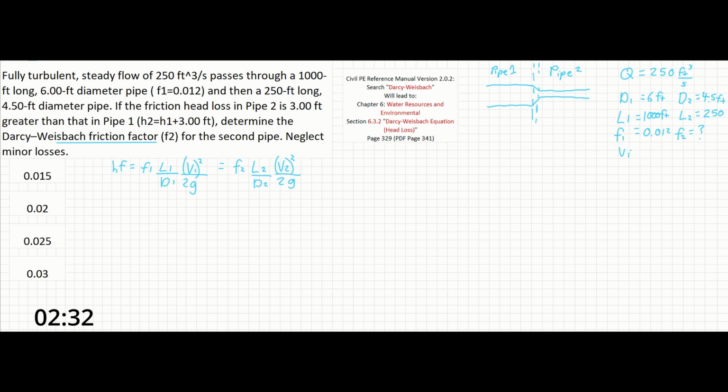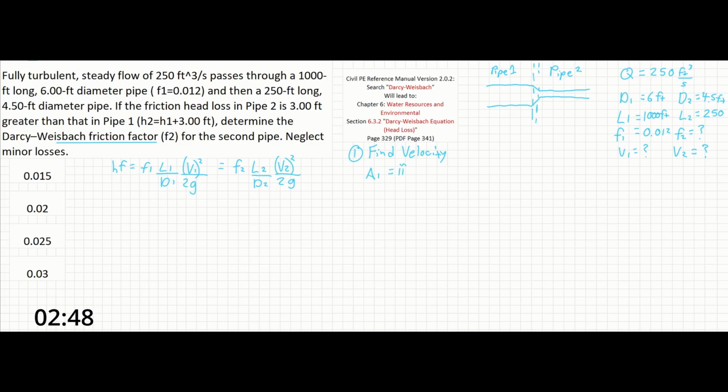So velocity is going to be given by Q equals VA. We don't have our areas yet, but we can calculate those in turn from our diameters.